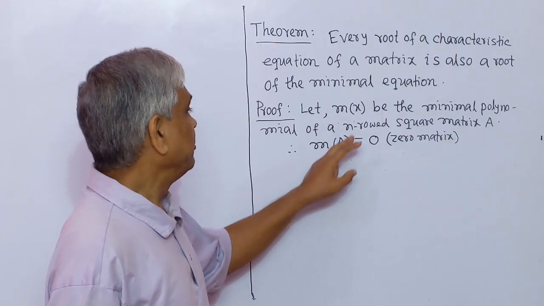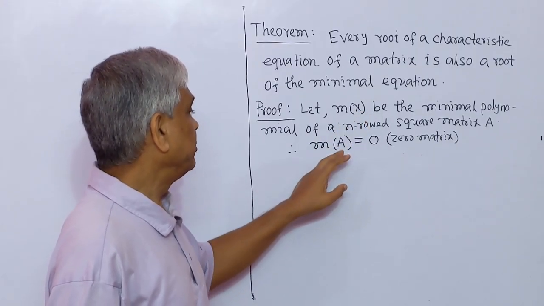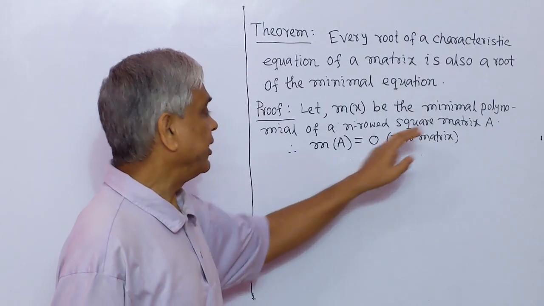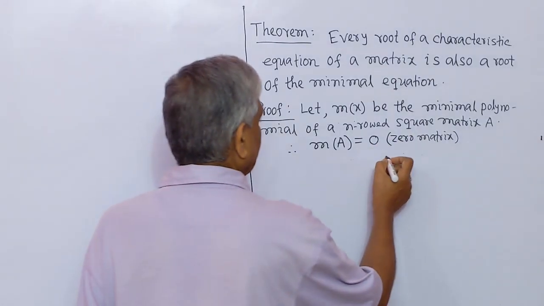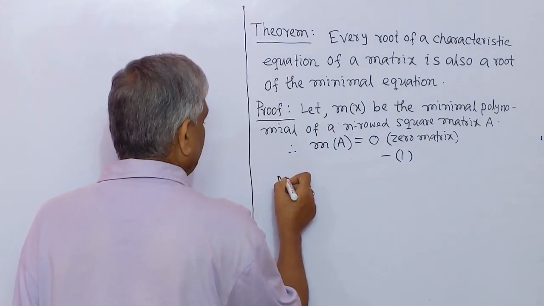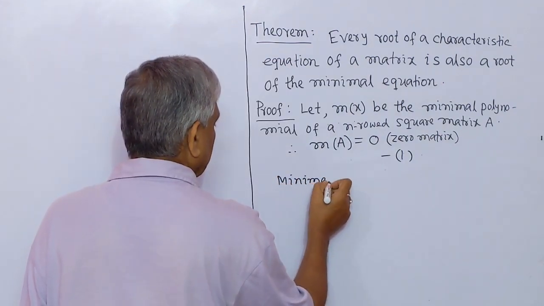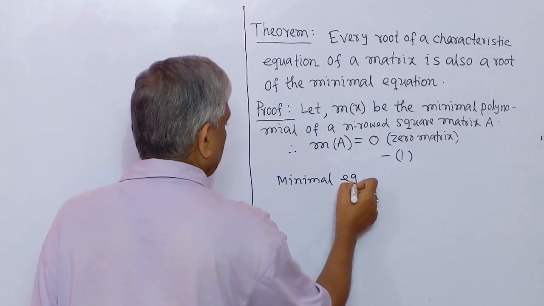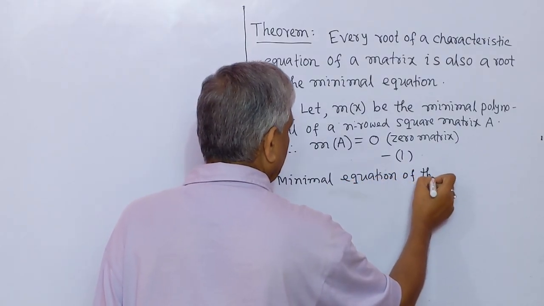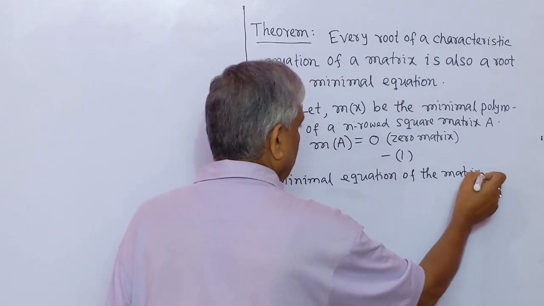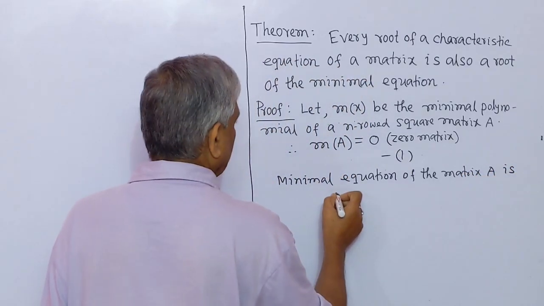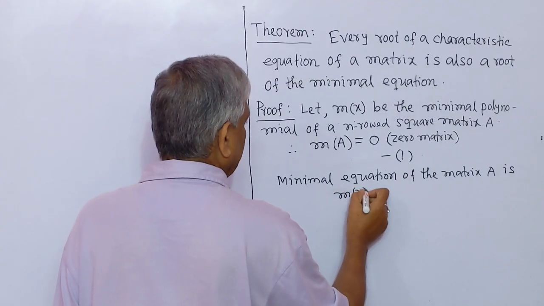Means in place of x, if we write matrix A, then we get 0 matrix. Let this be number 1. Minimal equation of the matrix A is m(x) equal to 0.